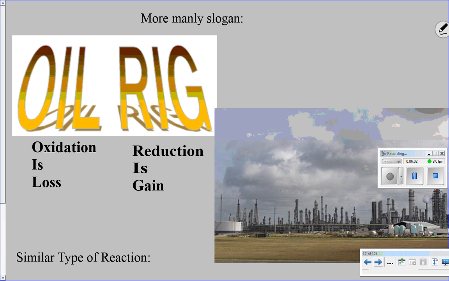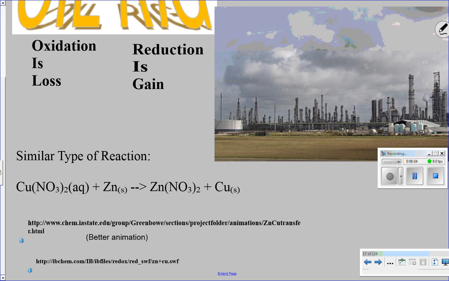Another similar type of reaction that you can look at is another single replacement reaction, where we have copper nitrate and zinc doing a single replacement reaction. Our copper starts as +2 and ends at 0. So in this case, copper is getting reduced, and zinc is getting oxidized as it goes from 0 up to +2.